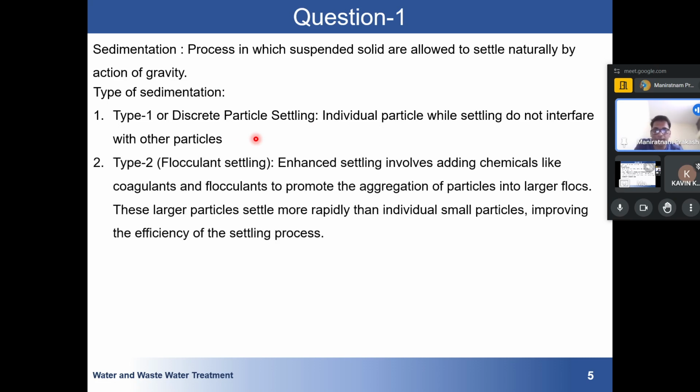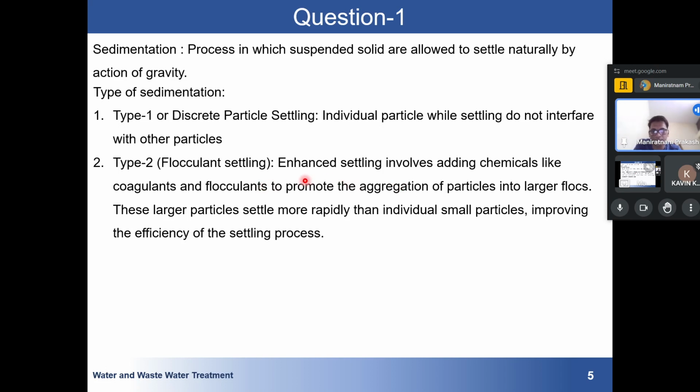There are different kinds of sedimentation also, that is type 2, also known as flocculant settling. In this settling, some of the smaller suspended particles cannot settle due to gravity. So we will add some chemicals, and that chemical will surround that suspended particle, and it will get heavy, and that will make it settle down.